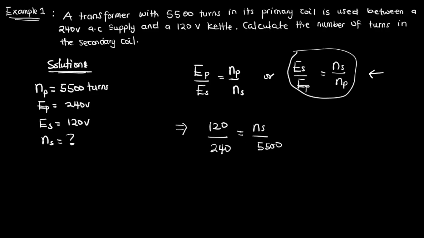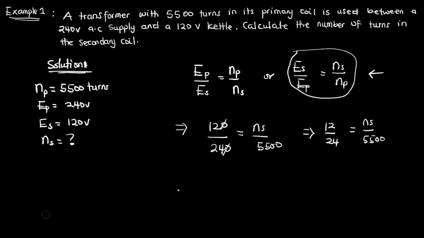Before I even do anything, I can cancel the 0 over here. So I have 12 over 24 equals NS over 5,500.